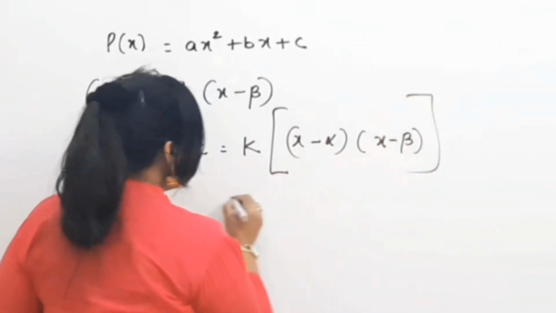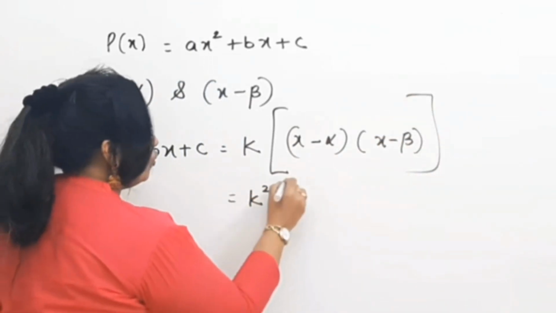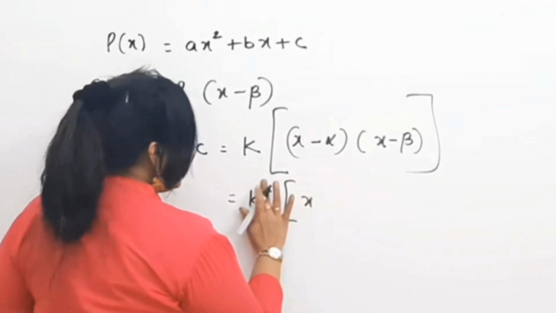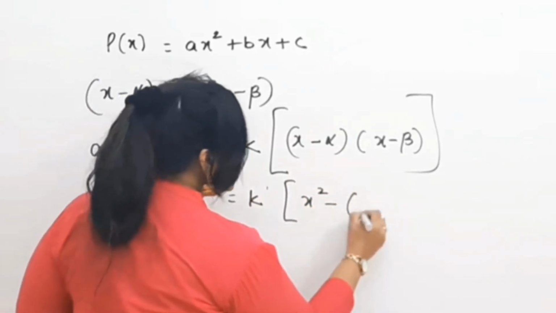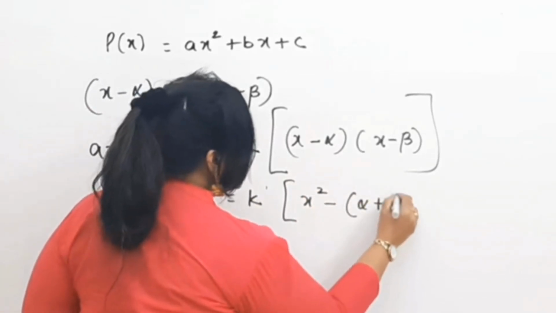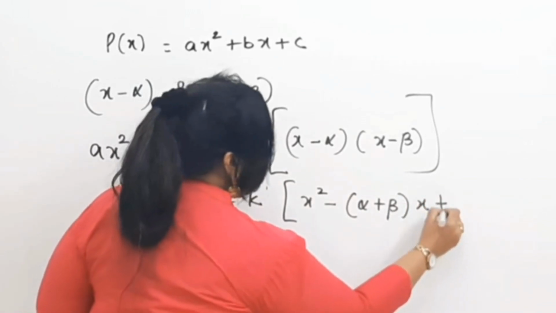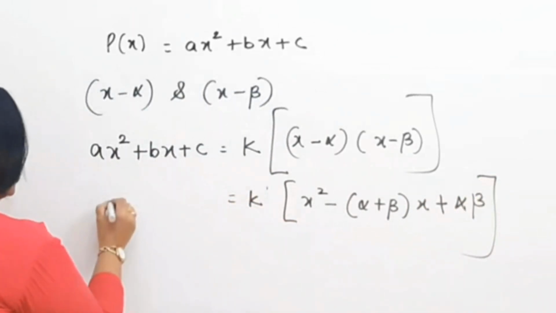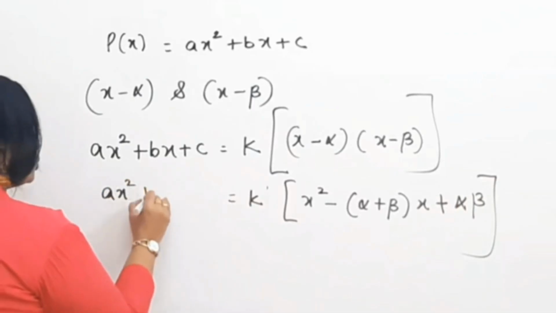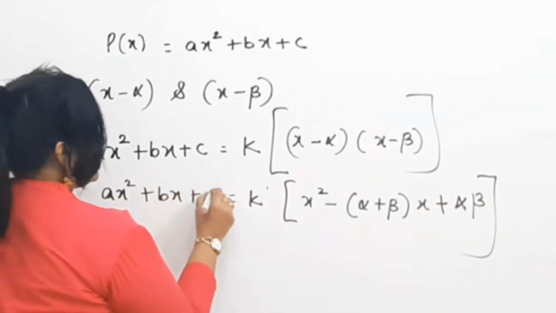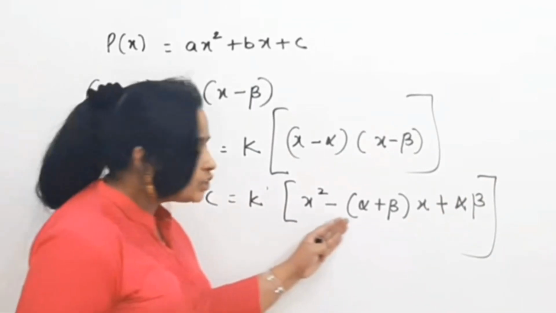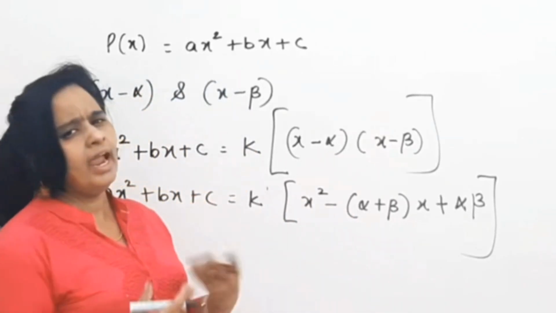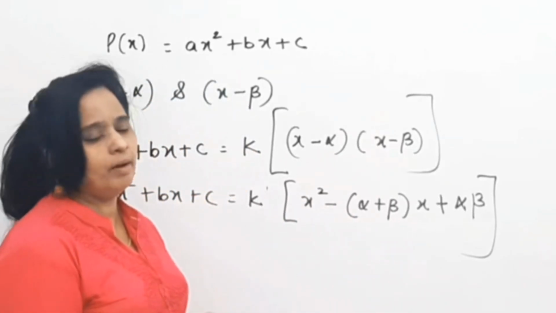But how this can be expressed as the coefficient such that x squared minus of alpha plus beta into x plus alpha beta. So the same quadratic polynomial ax squared plus bx plus c can be written in this form where k is any constant, it can be any number.